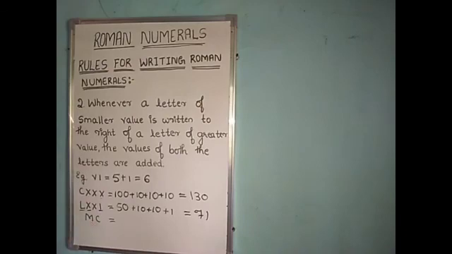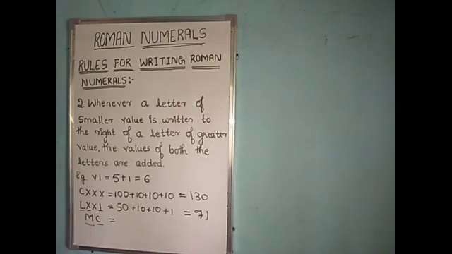Next one. M and C. So what is the rule? Whenever a letter of smaller value is written to the right of a letter of greater value, the values of both the letters are added. So here C is a symbol of a smaller value and M is a symbol of a greater value.